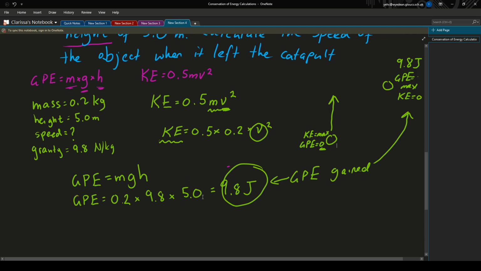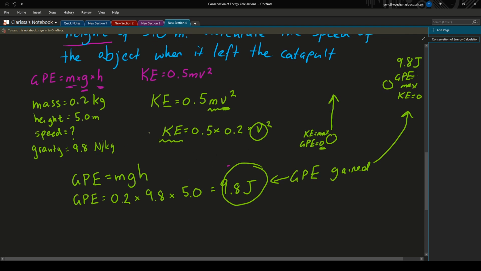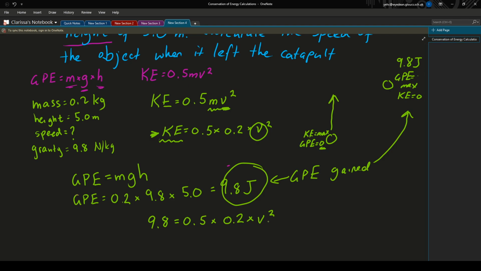So, you know that equation that I started on earlier with kinetic energy? We can put in our GPE value for our kinetic energy value. So we can put in 9.8 for kinetic energy because that must have been how much kinetic energy it had at the start, because that's how much gravitational potential energy we had at the end.